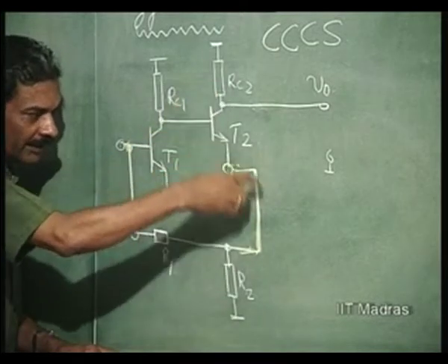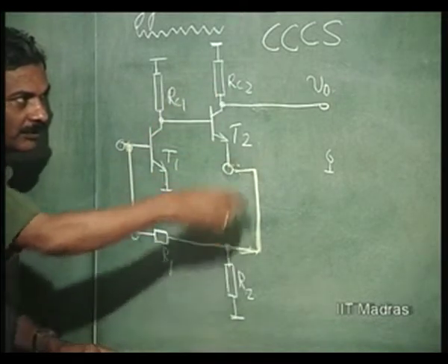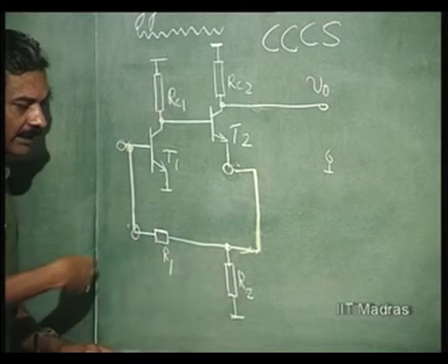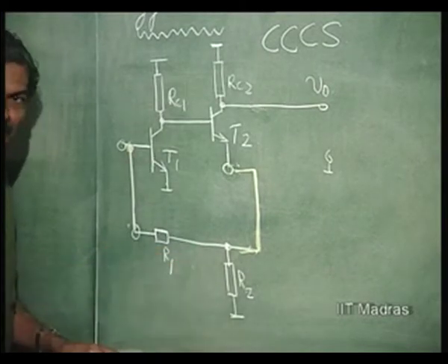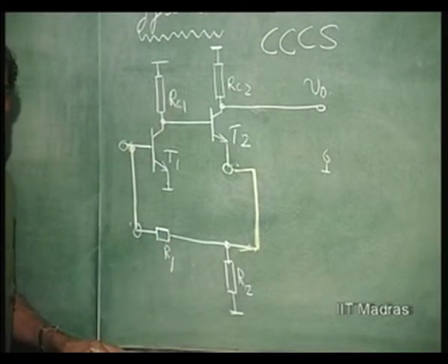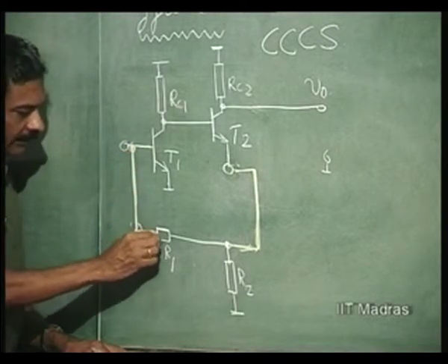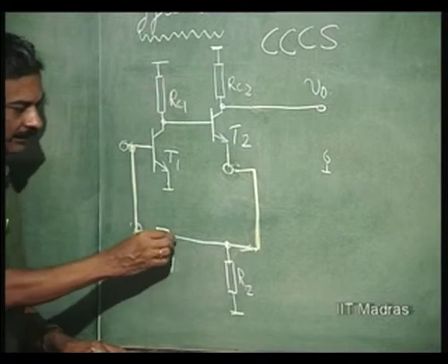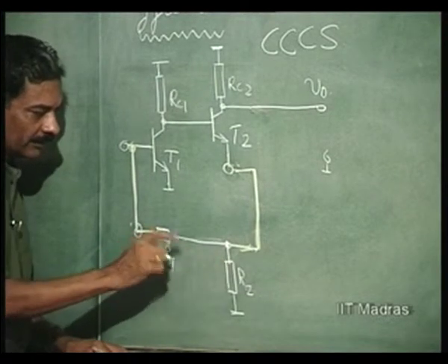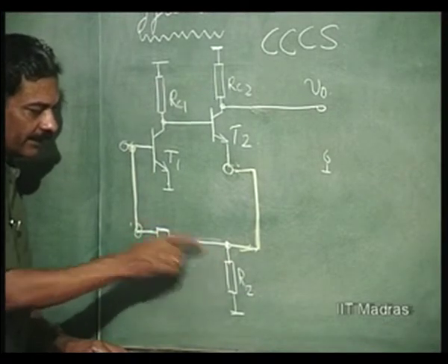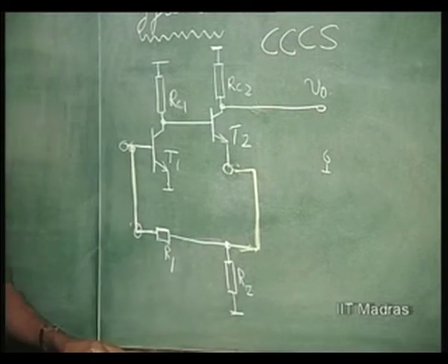So, the output current is common to both, right here for the feedback network. So, the feedback network remains the same, R2 and R1. The current here is going to be taken and is going to get divided based on this kind of relationship between R1 and R2.